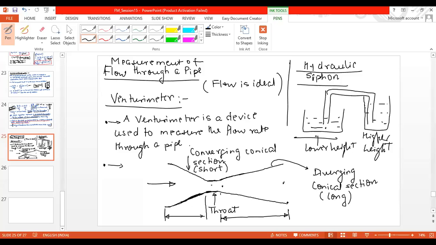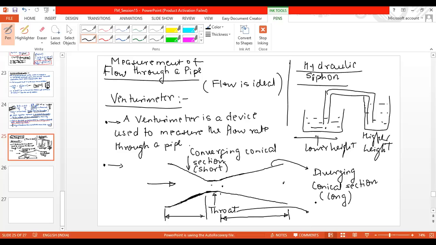Okay, so let me mention one very important point. Let's say I remove this throat and just connect these two directly. What will happen in that case? There will not be a smooth transition of flow from the converging to the diverging section. So always remember, we create this throat.